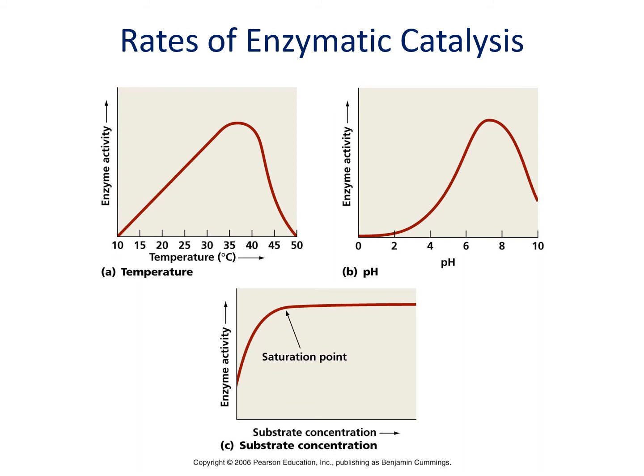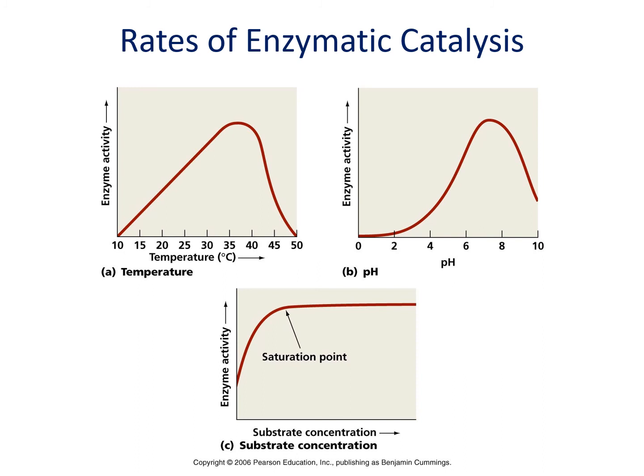So in that last graph, C, what you're seeing is additional substrate being added. So we have more and more substrate being added along the x-axis. And notice that the enzymatic activity increases, or the reaction rate increases, as you would expect. There's more molecules to be involved in reactions, but we get to a saturation point.